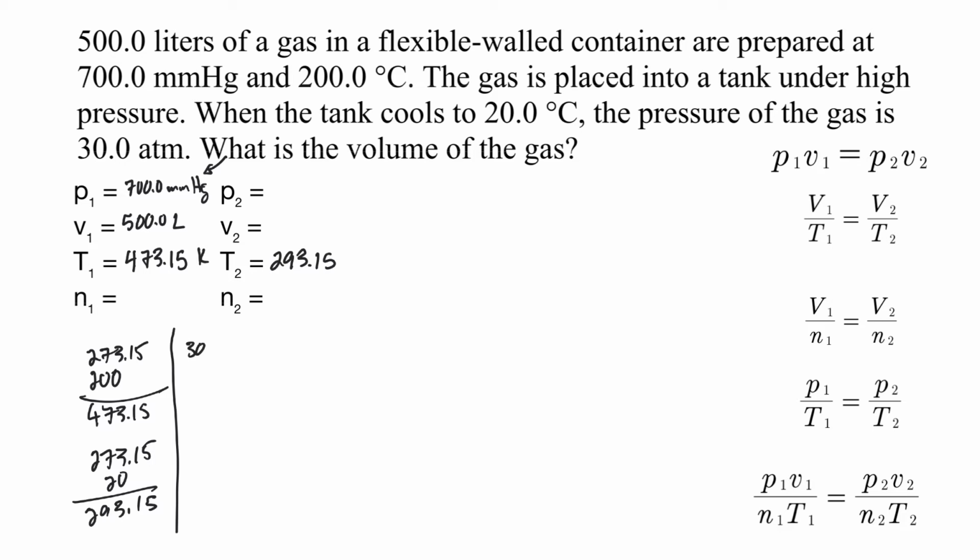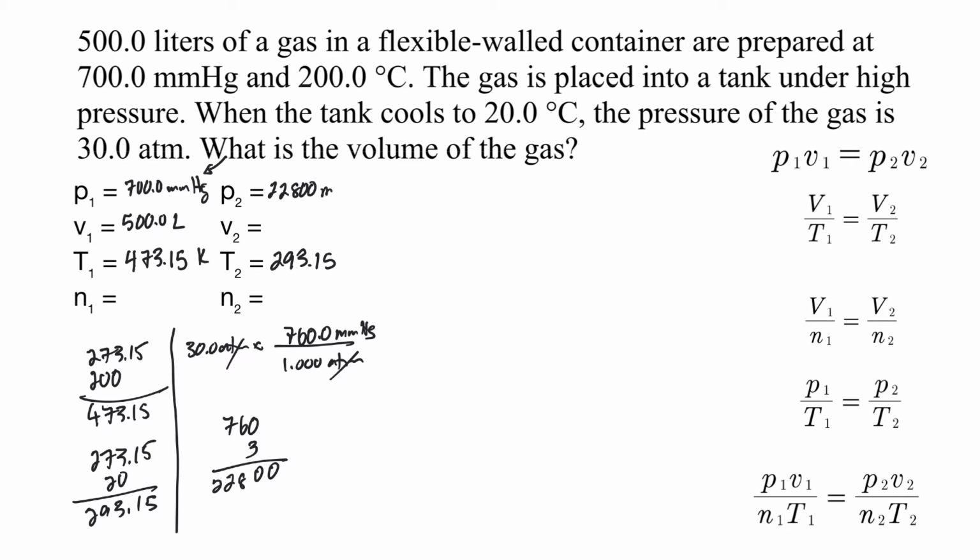So 30 atmospheres multiplied by 760.0 millimeters of mercury per 1.000 atmosphere. So I go 30 times 760. Let me just do that. I think I need another 0 because it was 30. That's a lot of millimeters of mercury.